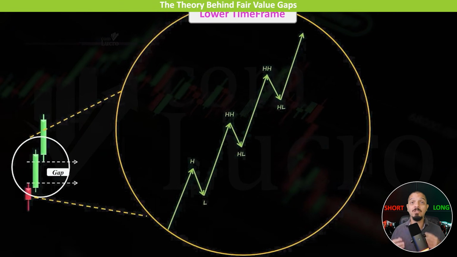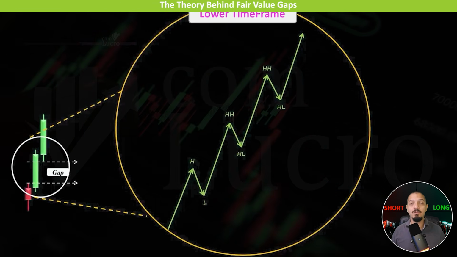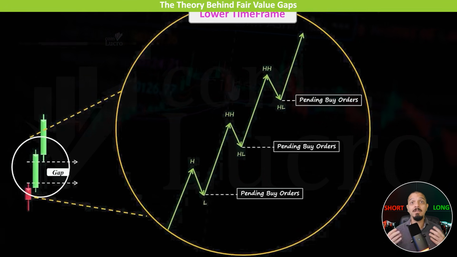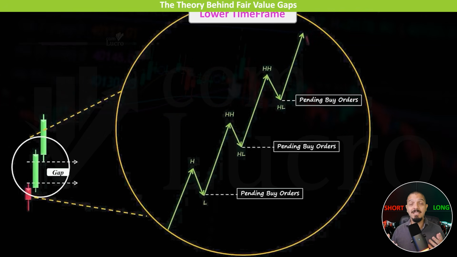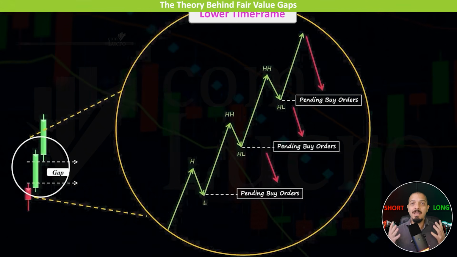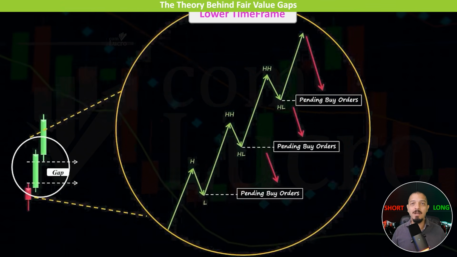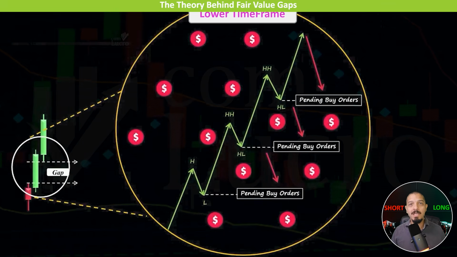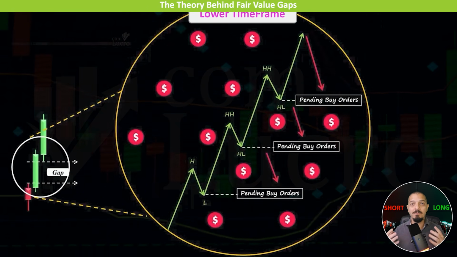When traders see sharp movements like this and miss a good entry, they often place buy limit orders below key zones, such as order blocks and demand areas, hoping price will pull back deeply to trigger their orders before pushing higher again. This behavior accumulates many pending buy orders in that region, forming a large liquidity pool waiting to be swept inside the fair value gap.